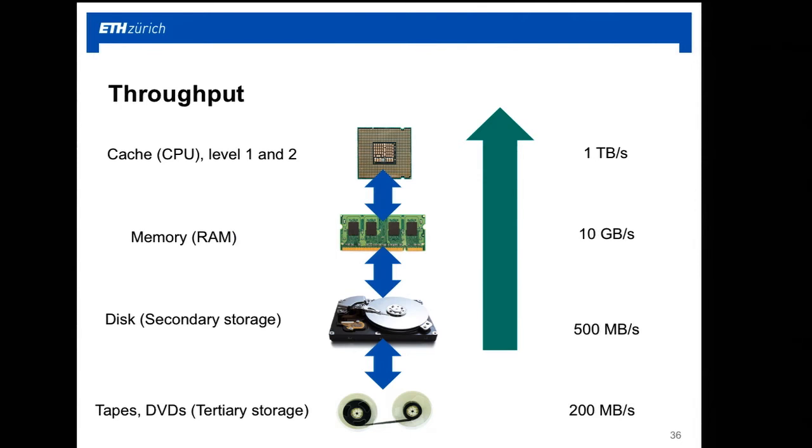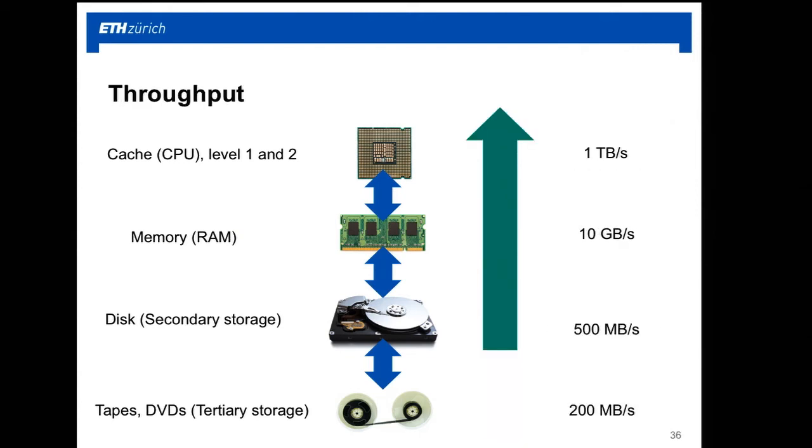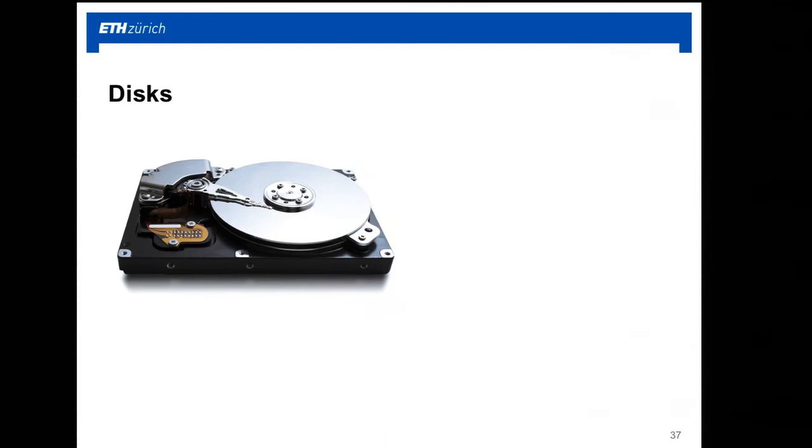The throughput is ultra fast here, 1 terabyte per second. The order of magnitude here, 10 gigabytes per second, 500 megabytes per second. So we see it's slower and slower in terms of transfer. Here it's even slower. I should have pushed the arrow here. So this gives you the impression: capacity, latency, throughput, just the orders of magnitude.